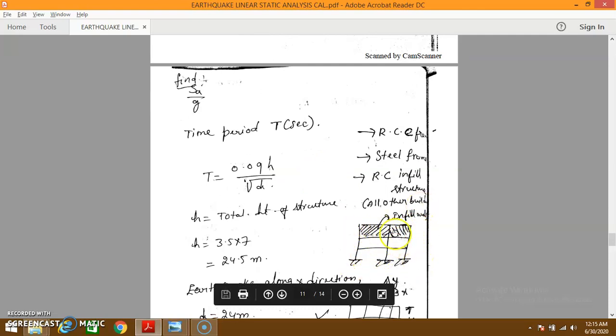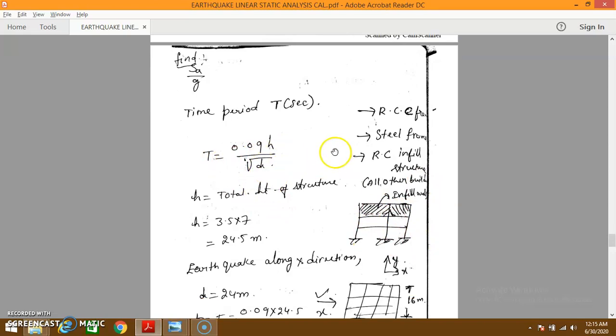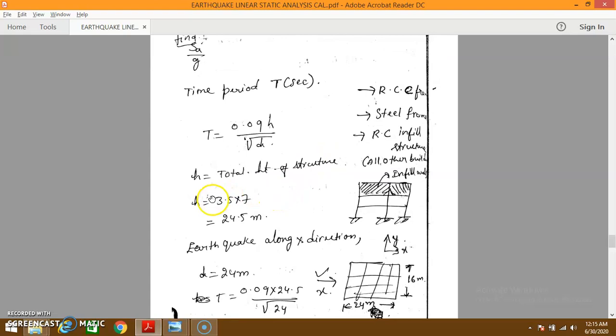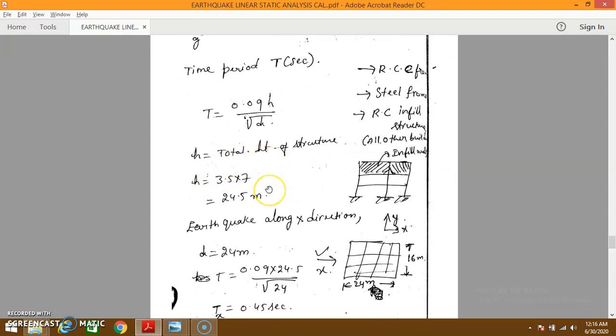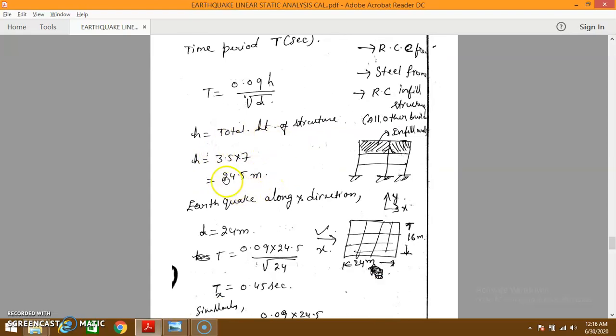Calculate T equals 0.09 H by root d, given in the code. H is the total height of the building, equal to 24.5 meters, 3.5 into 7 stories, 3.5 for floor to floor height, total 24.5 meters.